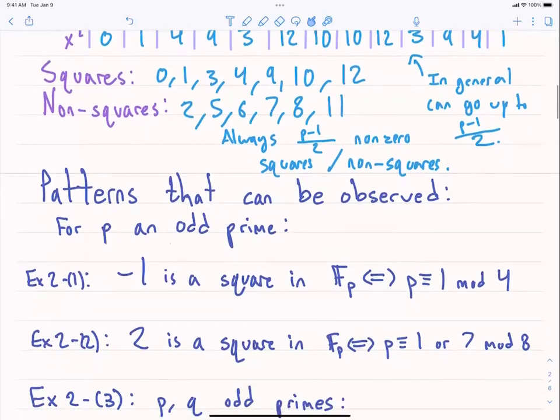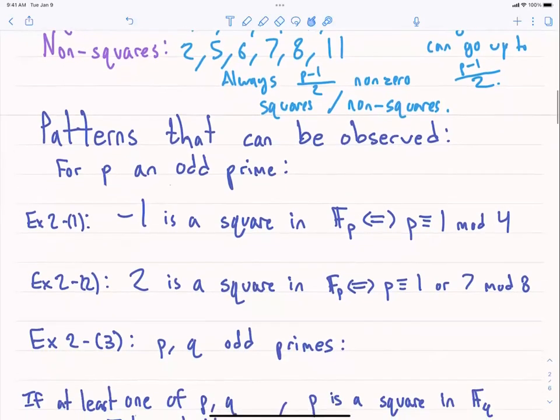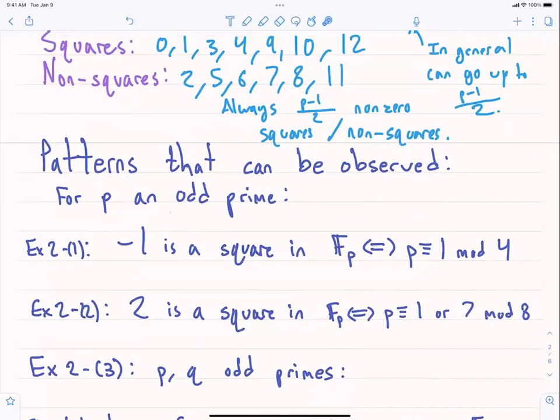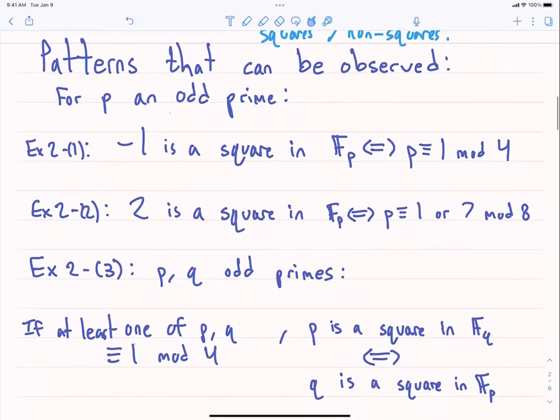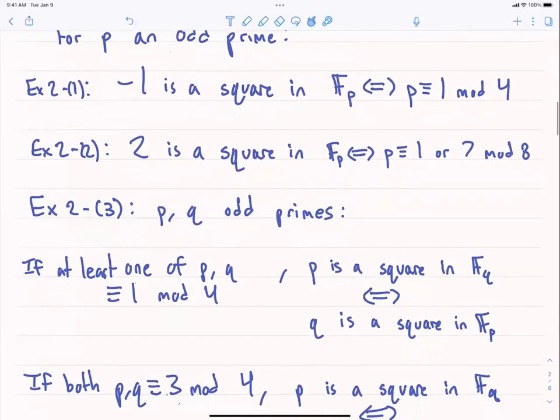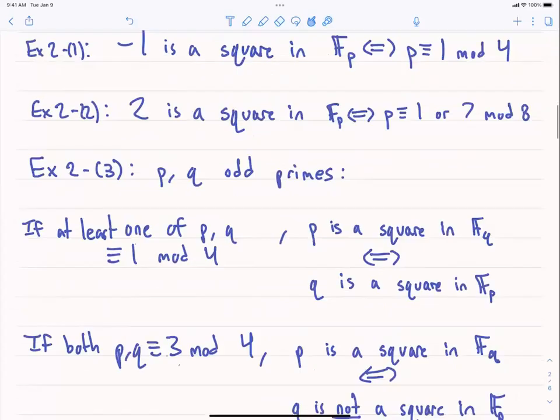And then the last pattern I asked you to look at, and I don't think many people got very far in this: what happens if I take p and q two odd primes? We want to compare when p is a square modulo q to when q is a square modulo p. If you look at the data you collected, you can verify a very interesting pattern.